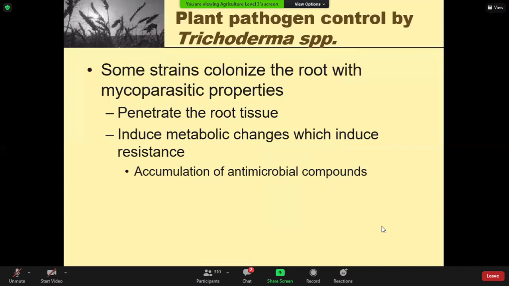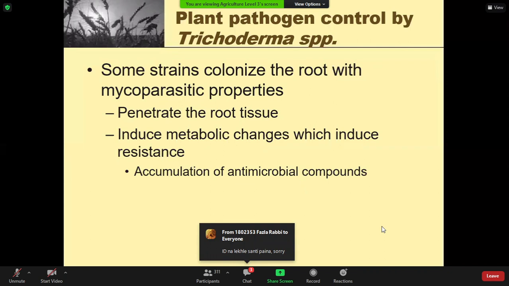and the end product of these biochemical reactions will kill the pathogen or will make the plant resistant. For example, when the plant comes in contact with the trichoderma species, some signaling pathways, for example, the jasmonic acid signaling pathway and the salicylic acid signaling pathway, will be activated, and at the end of this signaling pathway, some biochemicals will be produced inside the plant, and those biochemicals make the plant resistant.